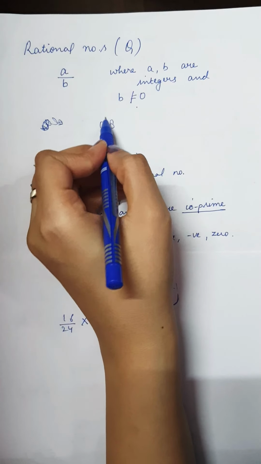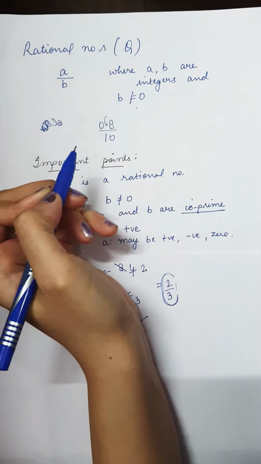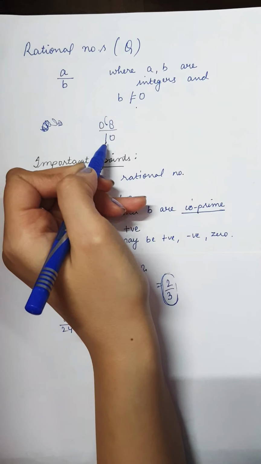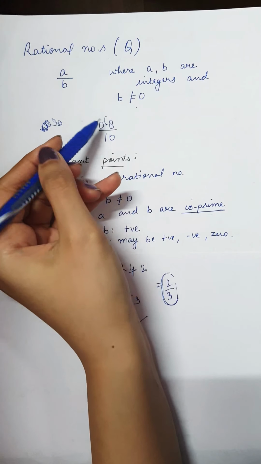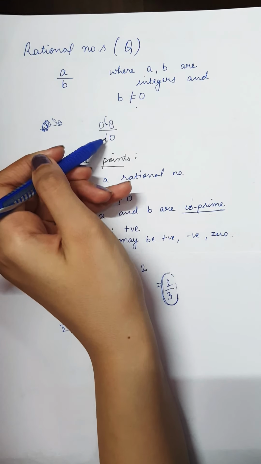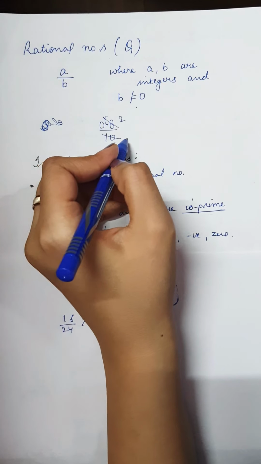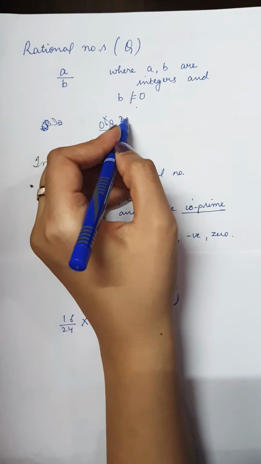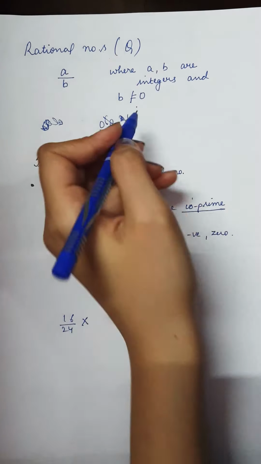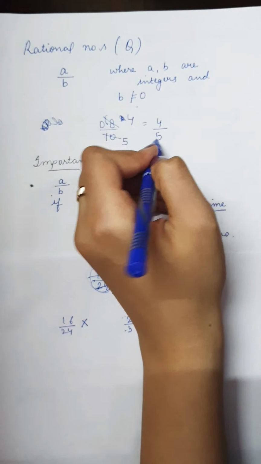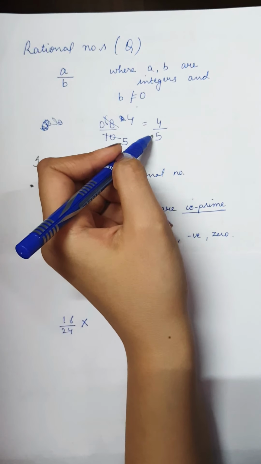Again 0.8 can be expressed in the form of a fraction where the denominator is non-zero, but 8 and 10 has a common factor that is 2. 4 by 5. So now 4 by 5, 4 and 5 both are co-prime.